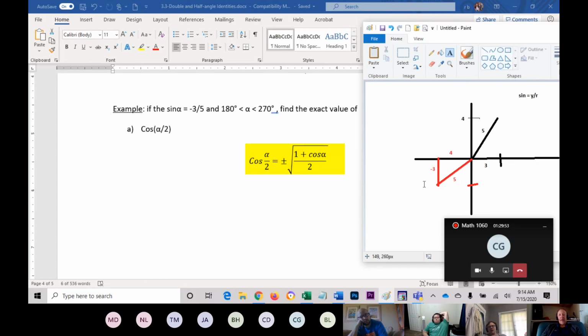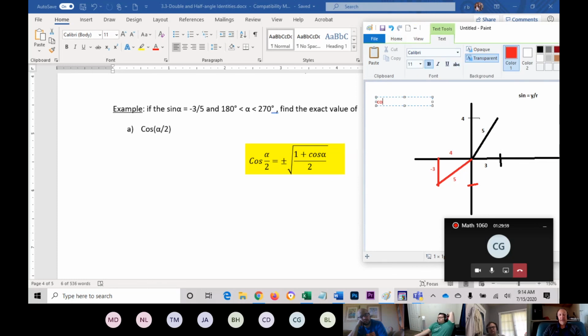All right, so we've got that here. Now what would be the cosine of alpha in this case? It would be 4 over 2, or sorry. Remind me what cosine is.